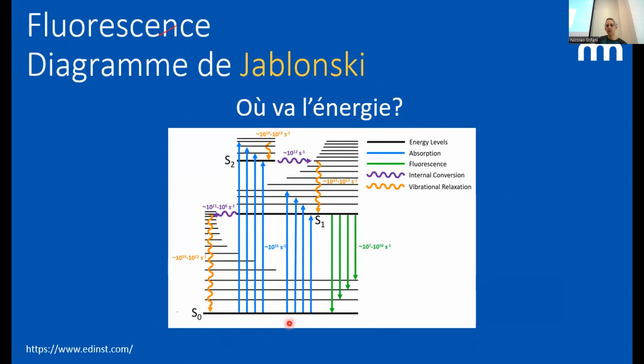So this is the ground state of an electron of a certain molecule. If I provide energy there, the photon is going to be absorbed and it's going to transmit its energy to an electron that's going to move to a higher energetic state. And then the electron is going to release some energy. It can go down within the same state. It can actually go down to many different states. And this is a loss of energy that is not related to photon emission.